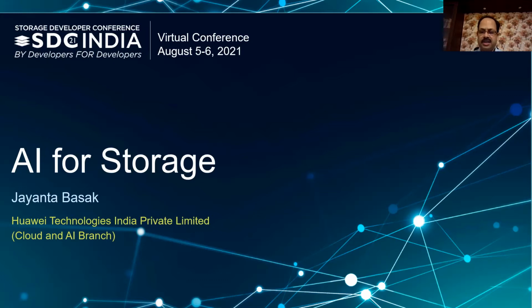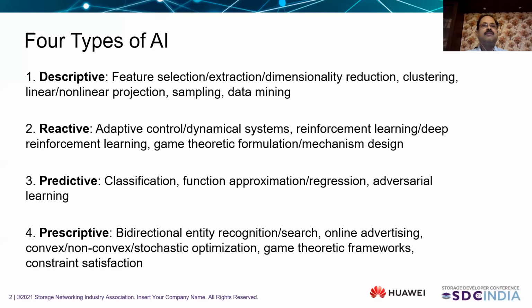So first, let us see what the different types of AI are. There are four buckets or four types of AI: descriptive, reactive, predictive, and prescriptive. Descriptive AI essentially describes the input space or event space appropriately such that further decisions can be made.